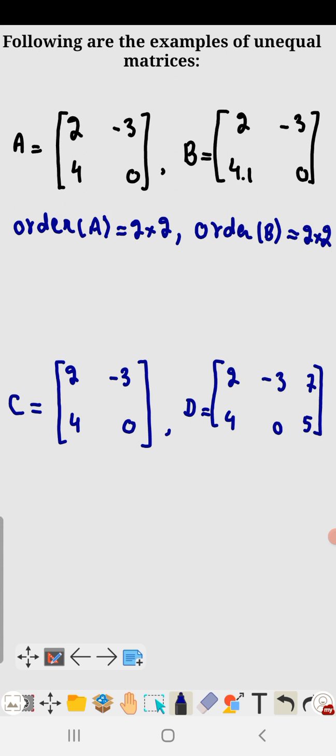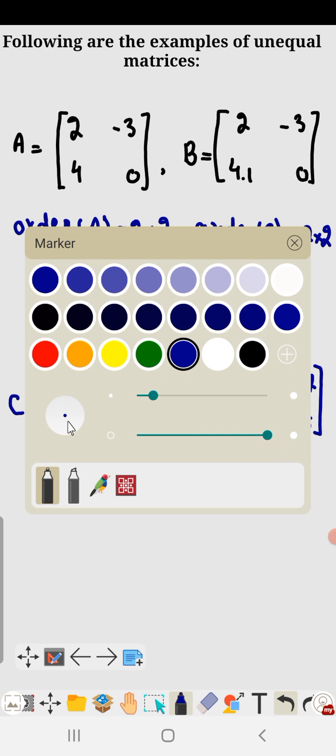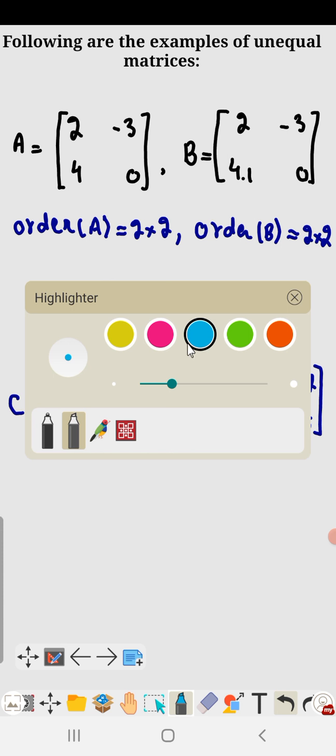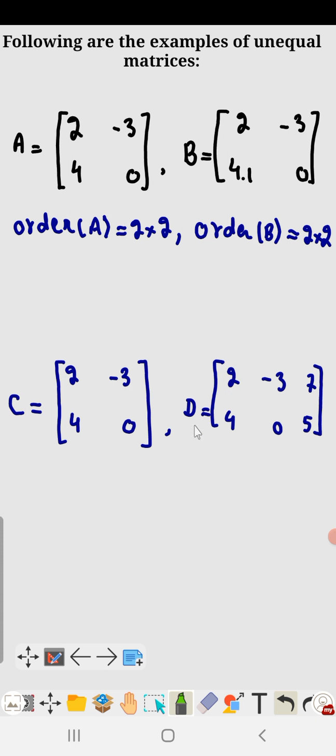Hence A and B are of the same order. Now we see their corresponding elements. Look at this element. We see that these corresponding elements are not equal. So matrices A and B are unequal matrices.